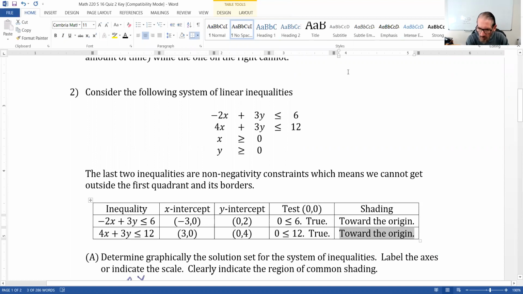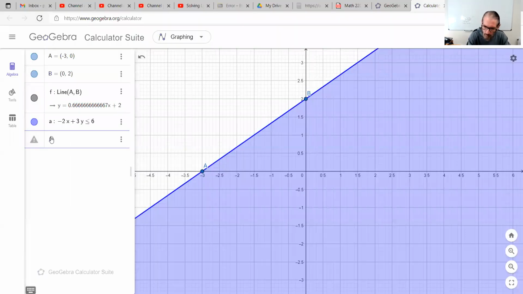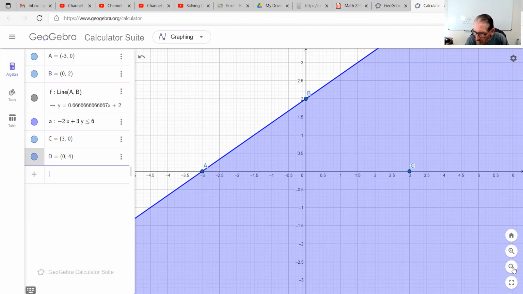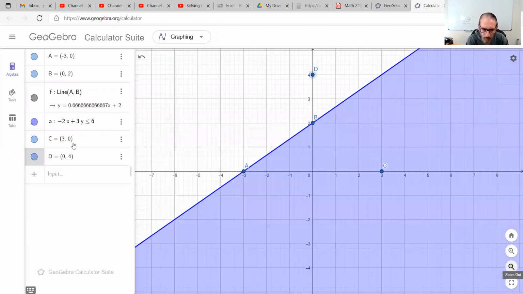All right, so let's take a look at plotting the intercepts, connecting with a solid line, and then getting our shading, 3, 0, and 0, 4. Okay, gonna have to zoom that out to see the 0, 4. There we go. Connecting with the line.